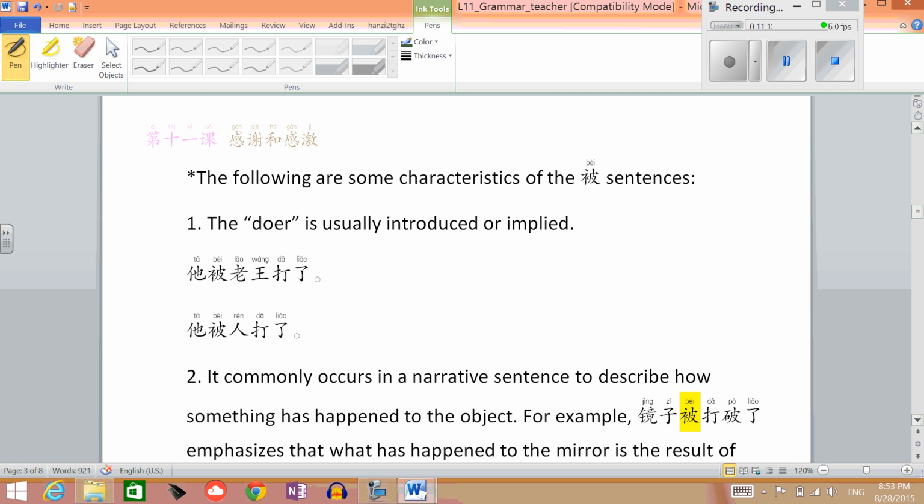He was hit or struck by 老王. So this is the doer here. Or I can say 他被人打了. He was hit by somebody, beaten up by somebody. 人 just means people. So here in the sentence, who did it is not that important. It's just talking about the fact he was beaten up.